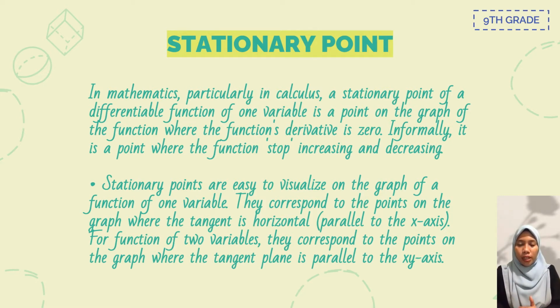The second point is stationary points are easy to visualize on the graph of a function of one variable. They correspond to the points on the graph where the tangent is horizontal, which is parallel to the x-axis. For a function of two variables, they correspond to the points on the graph where the tangent plane is parallel to the xy axis.